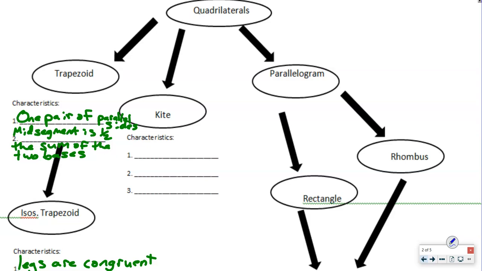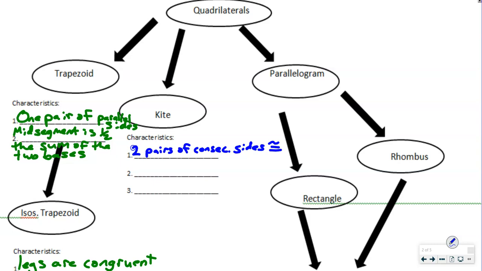So our characteristics for kites: two pairs of consecutive sides congruent, where consecutive is next to each other.